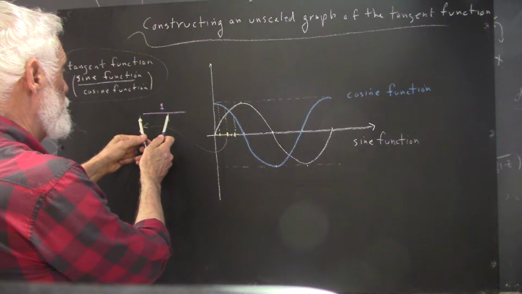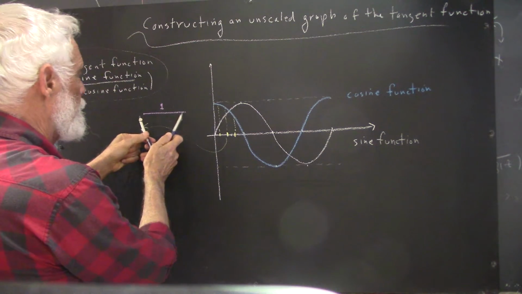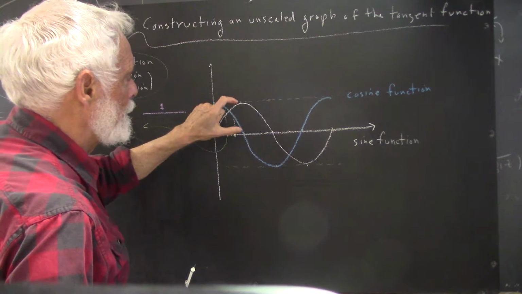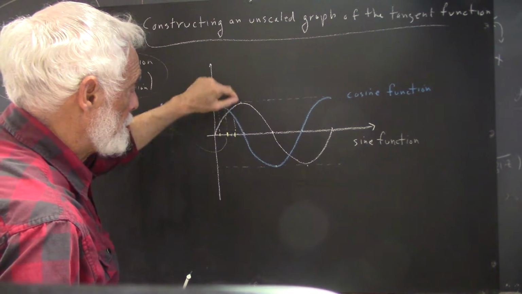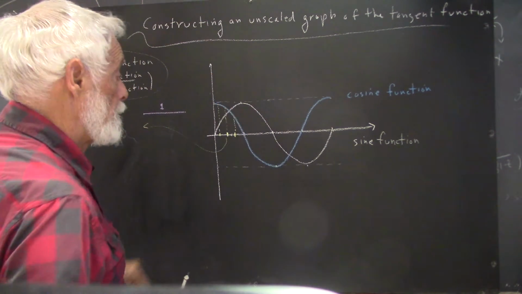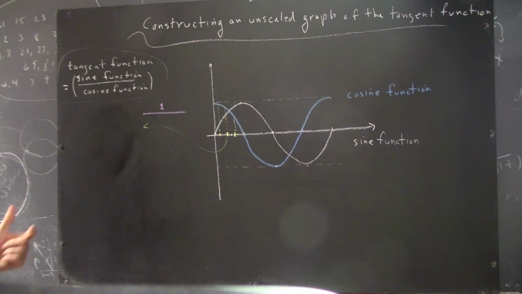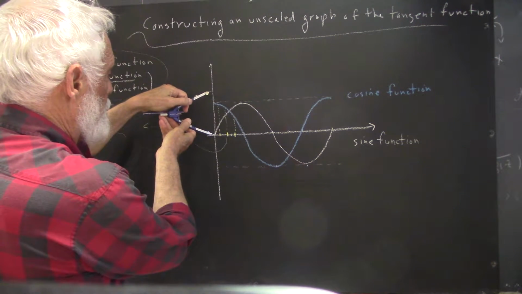so here's my unit distance, and of course a convenient choice of the unit distance is just the maximum, the length of a segment that corresponds to the maximum distance of the sine function from the horizontal axis. I intentionally chose a unit that's somewhat bigger than that.